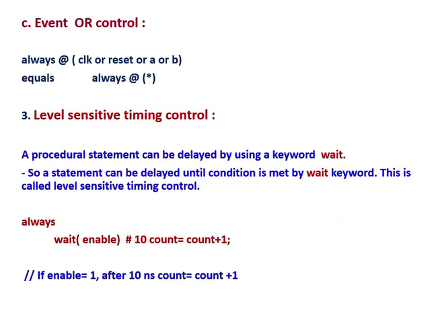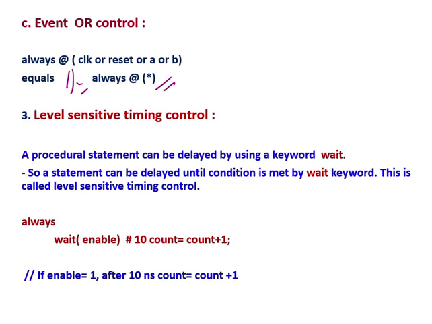Then the third one is event OR control. I think you have seen this one: always @ (clock or reset or A or B). It is equivalent to always @ asterisk. When I was explaining data flow modeling, I had mentioned this asterisk.